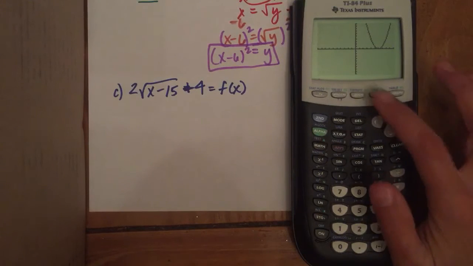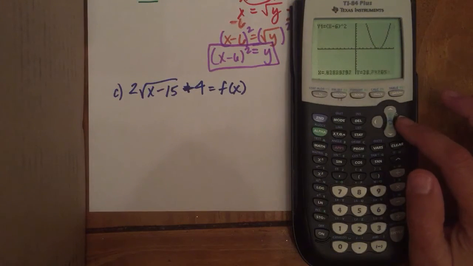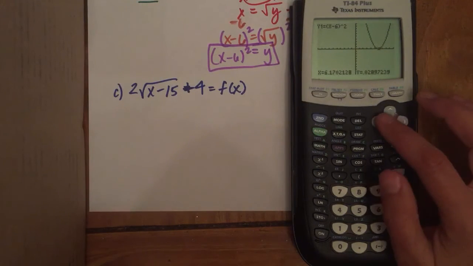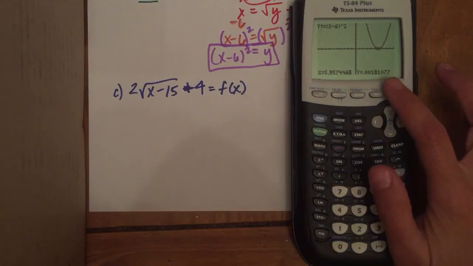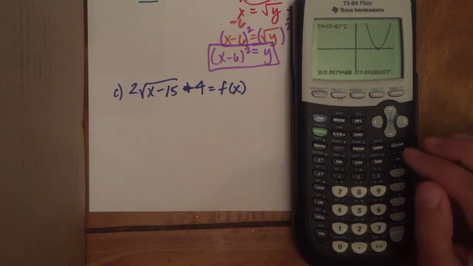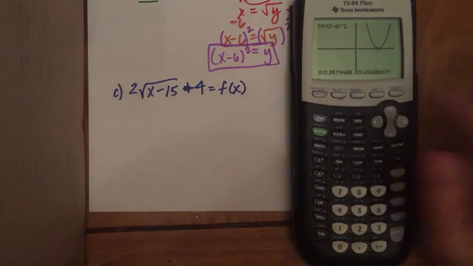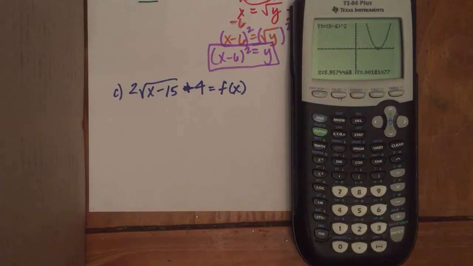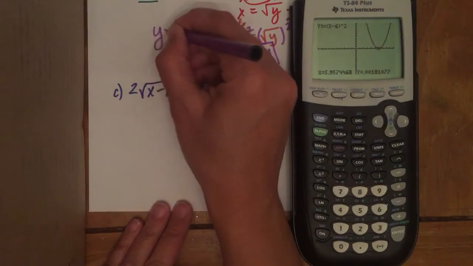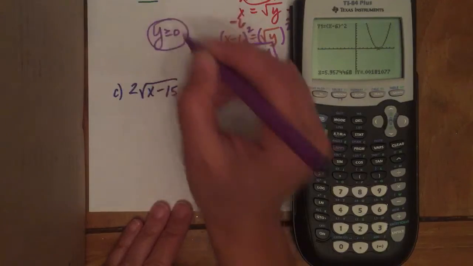Okay, if I hit trace, eventually I'll see my cursor. You can tell there, it looks like it's real close to y is 0 and x is 6. So for my range, it's going to be all values greater than my lowest y, which is 0. So the range value for this is going to be y greater than or equal to 0.